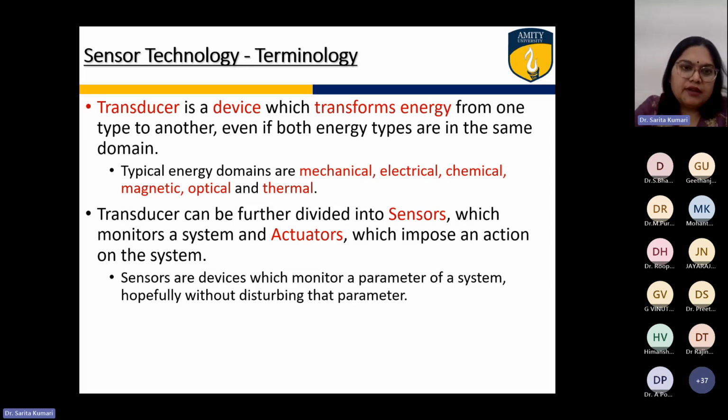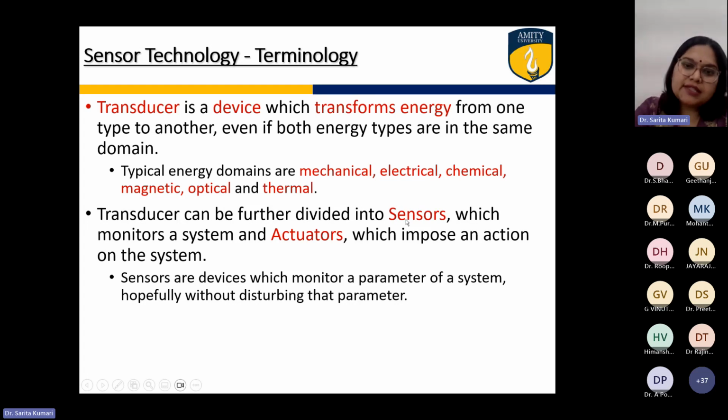So here we can see there are different energy forms which can be used to design the sensor, or which can be used for the application purpose of sensor and transducer designing. So it can be divided into sensors and actuators.